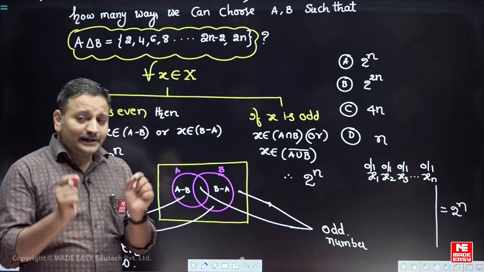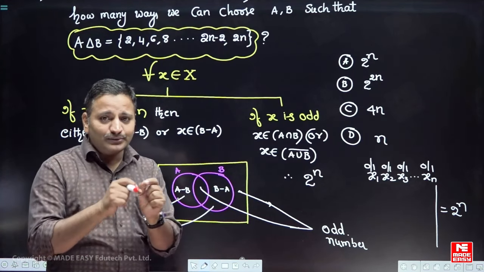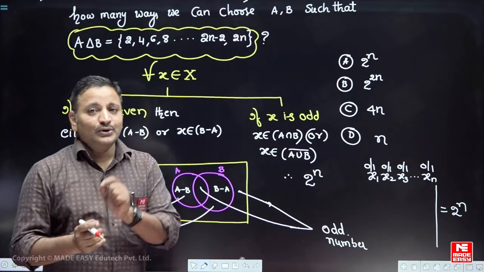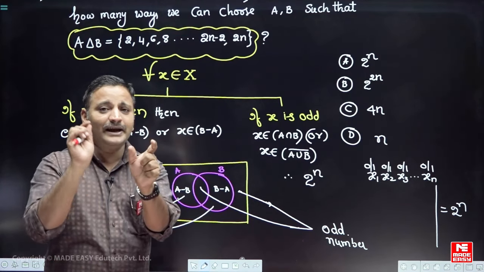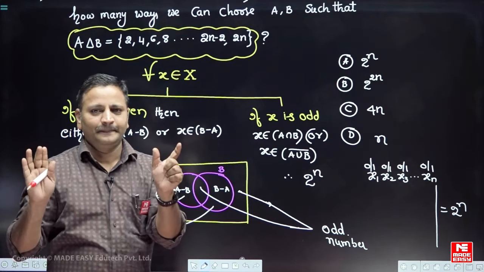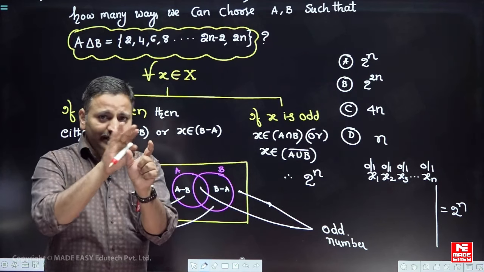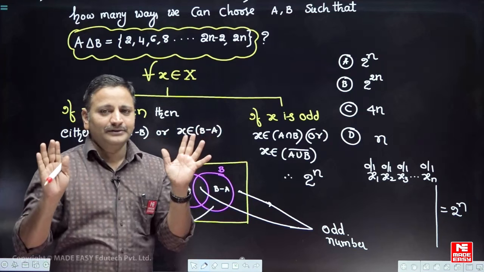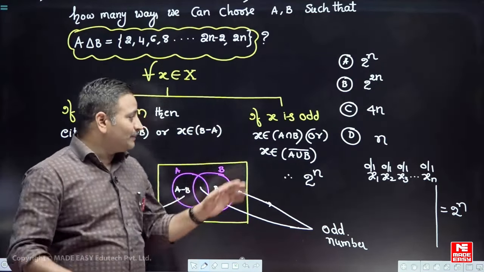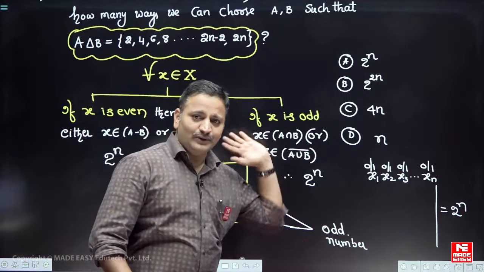Yes, friends. The reason why you are taking odd numbers into a different location is that you have to ensure that no other element is there in A delta B except even numbers. We have to ensure that A delta B does not contain any number except even numbers. Therefore, in order to ensure that, you have to place odd numbers into a different location.